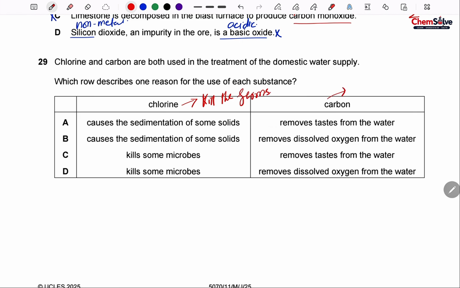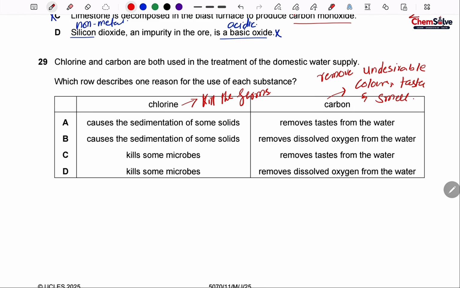And why do we use carbon? Carbon removes undesirable color, taste and smell.